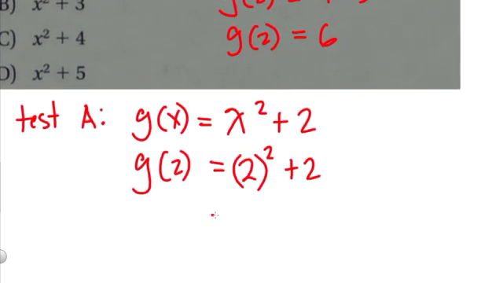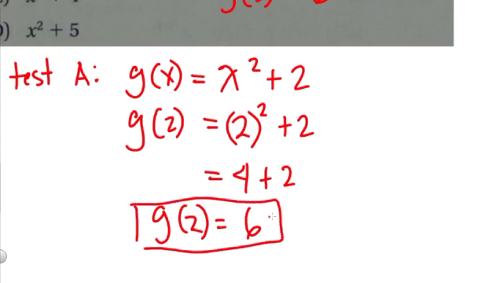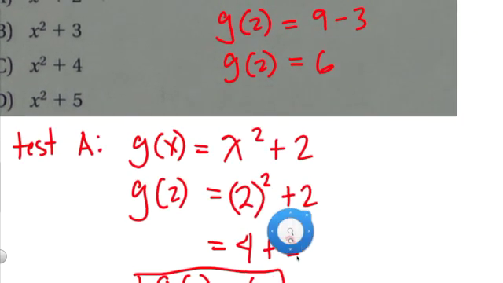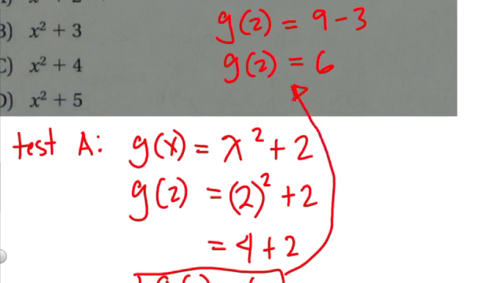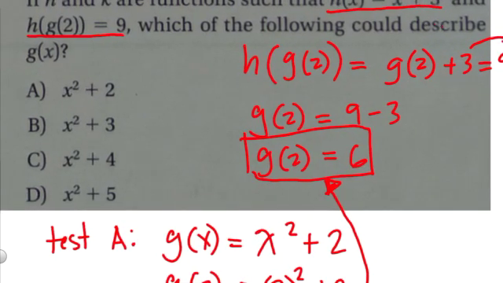And so 2 squared is equal to 4, plus 2. And there we have g of 2 is equal to 6. So it simply satisfies our derived equation above, that g of 2 should be equal to 6. Therefore, our correct answer that describes g of x is letter A. It means that g of x should be equal to x squared plus 2.